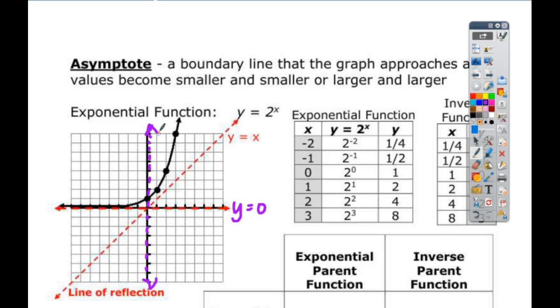And then, if I know this point is 0, 1, what point would be on the inverse? We would switch the x and the y. So it'd be 1, 0, which would go right here. So the log is going to look like this, the inverse of the exponential.